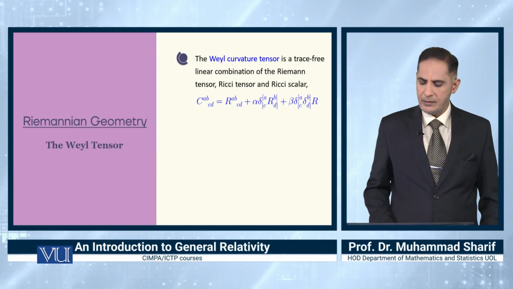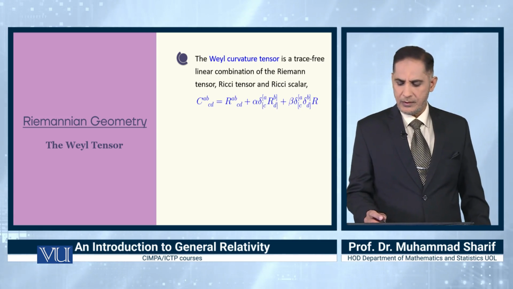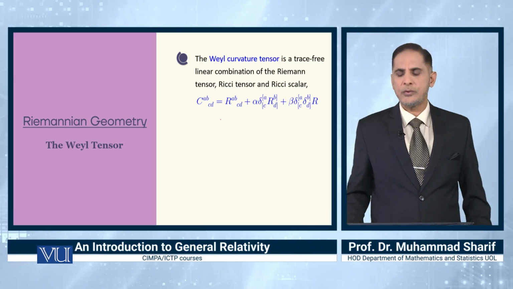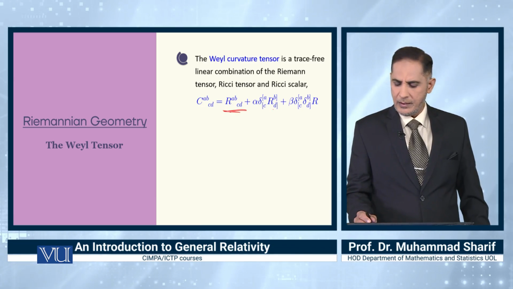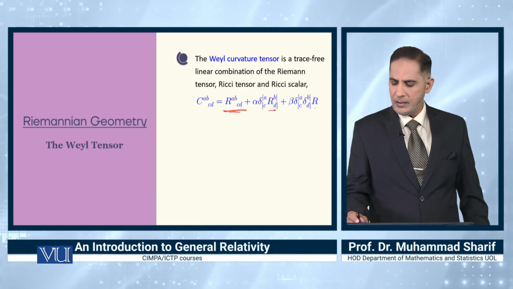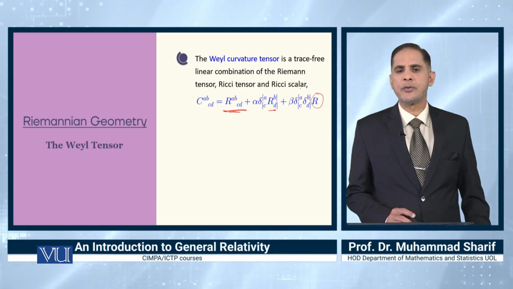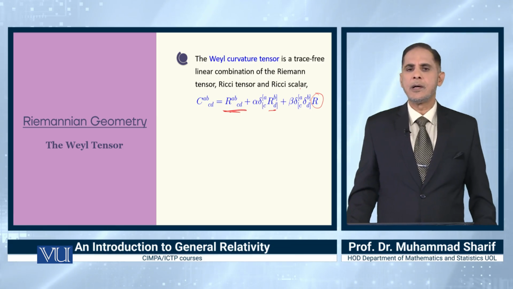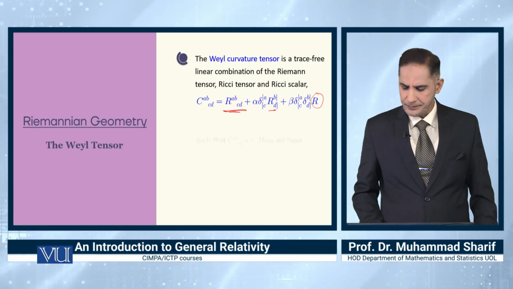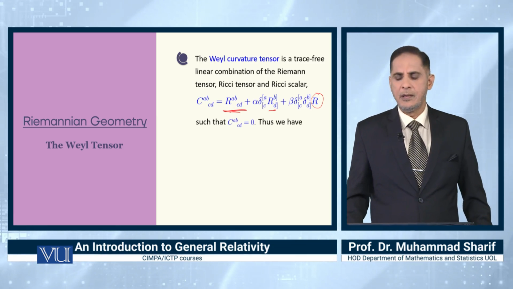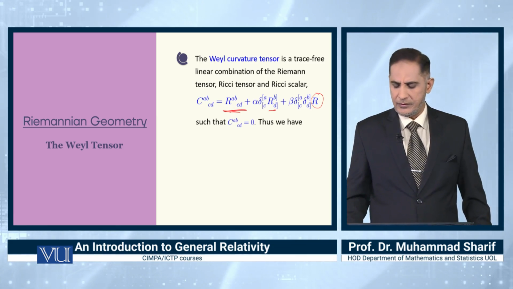You can see the mathematical expression of this tensor. This is the 4th rank tensor. This is the Riemann tensor. Here it is the Ricci tensor, and here it is the Ricci scalar. So this is a combination of Riemann tensor, Ricci tensor, and Ricci scalar, such that its trace is 0.